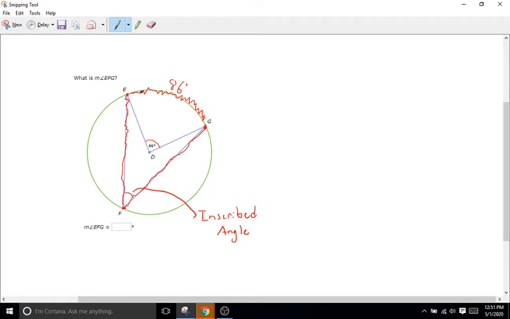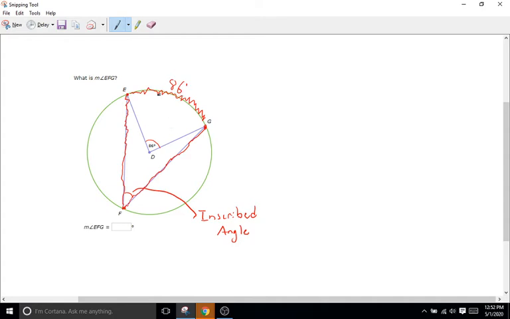Our inscribed angle is going to be half of our minor arc. Because when we have two chords like this, it's cutting the circle into pieces. We have an arc right here between E and F, and then the rest of the circle is gone. So whatever arc is created when the chords cut out a section, that's the arc we're talking about.